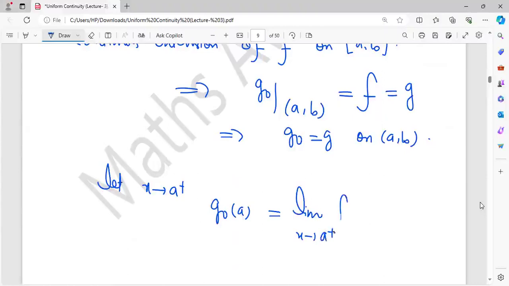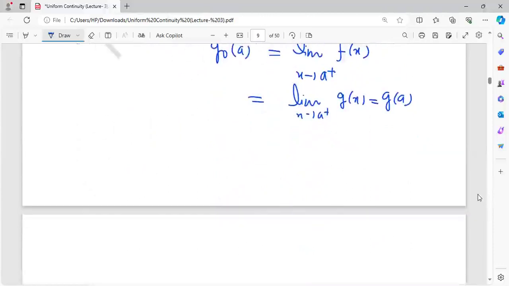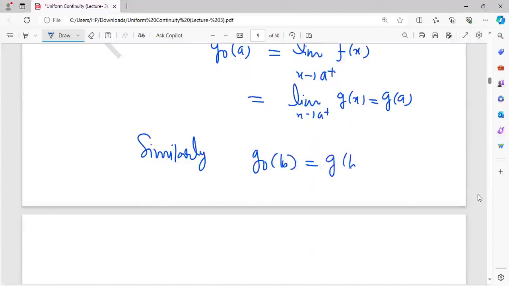But this is equal to g, and this is equal to g(a). Similarly, we can show that g0(b) is equal to g(b). This implies g0 is equal to g on the closed interval [a, b]. So the extension is unique.